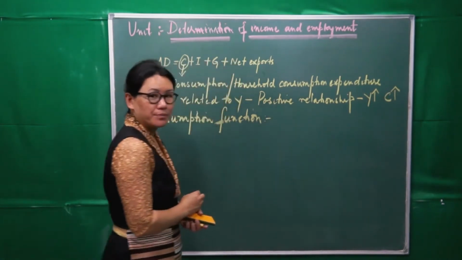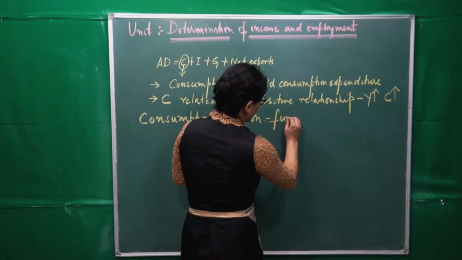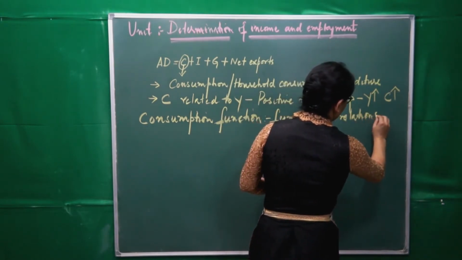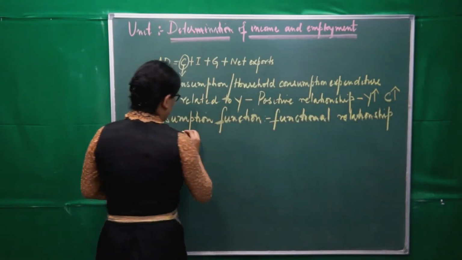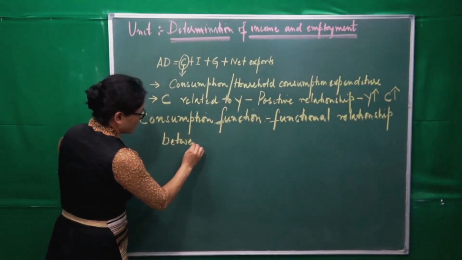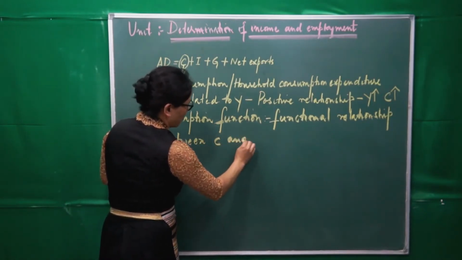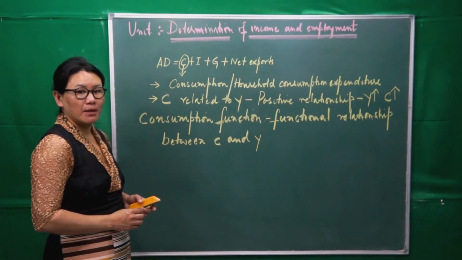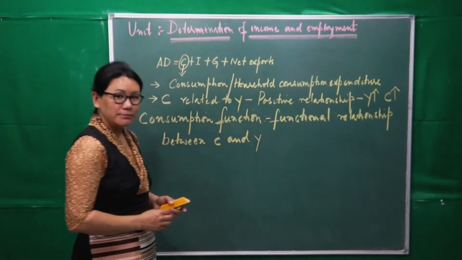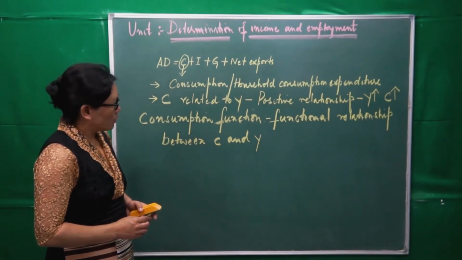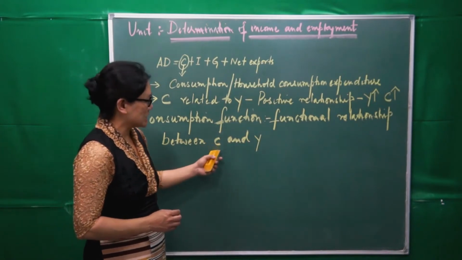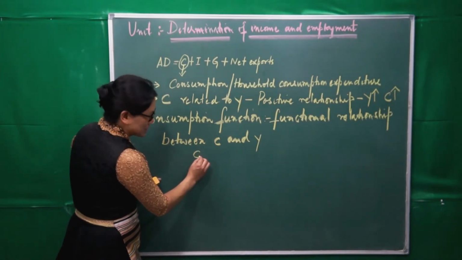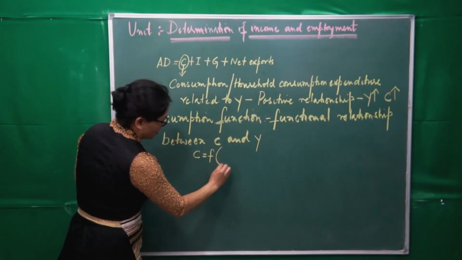It is the functional relationship between C and Y, which is called the consumption function. All right. Now again, in this, we will see the relationship between C and Y. So we can write it like this. C, that is consumption, is a function of Y.